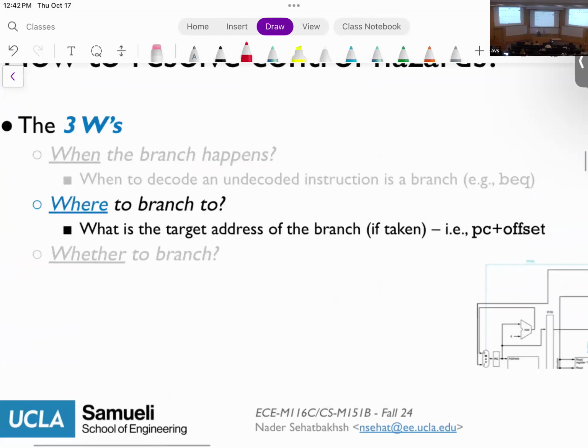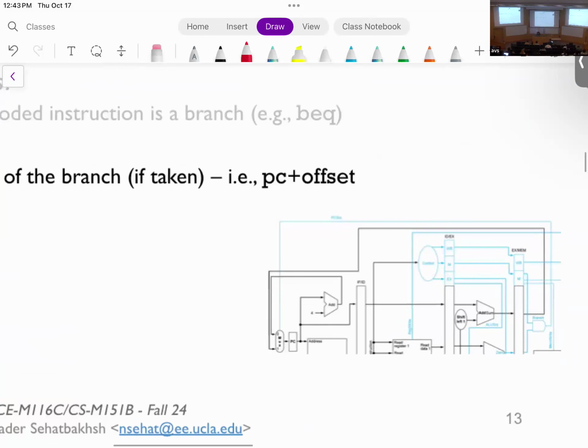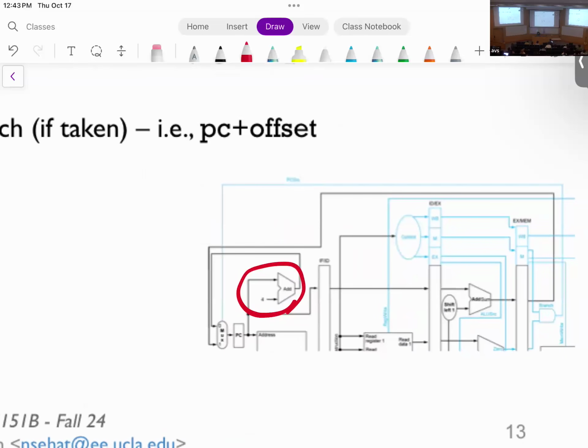The second question is, where do we branch to? And if you remember, that was PC plus offset. So we need to compute that PC plus offset. And again, if you look into the design, we put this adder here, and then we put this other adder here, so we put this other adder in the execution stage.